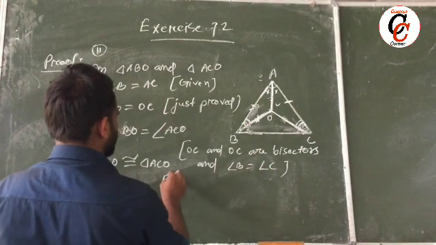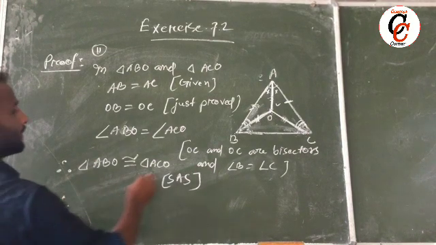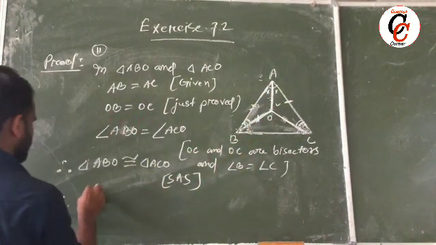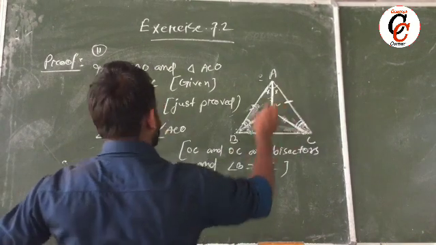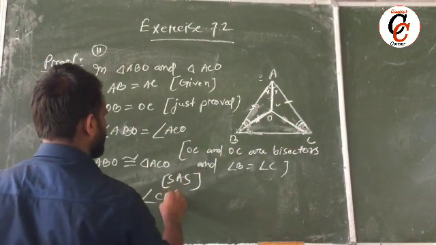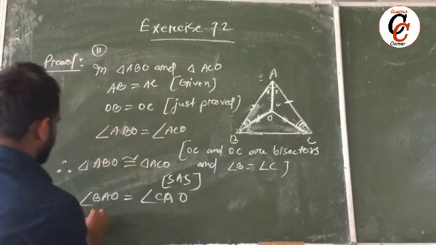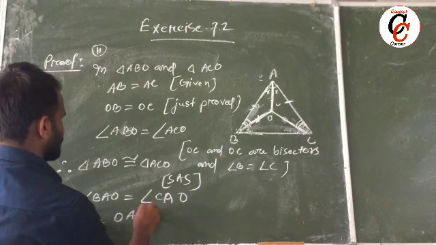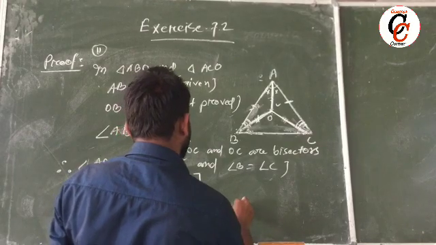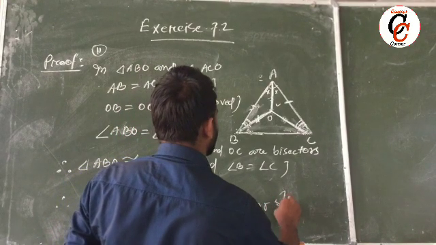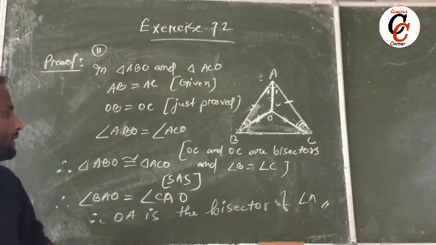Side angle side. Therefore we can write angle BAO equals angle CAO. Since these two angles are equal, OA is the bisector of angle A. This is the proof of the second part.